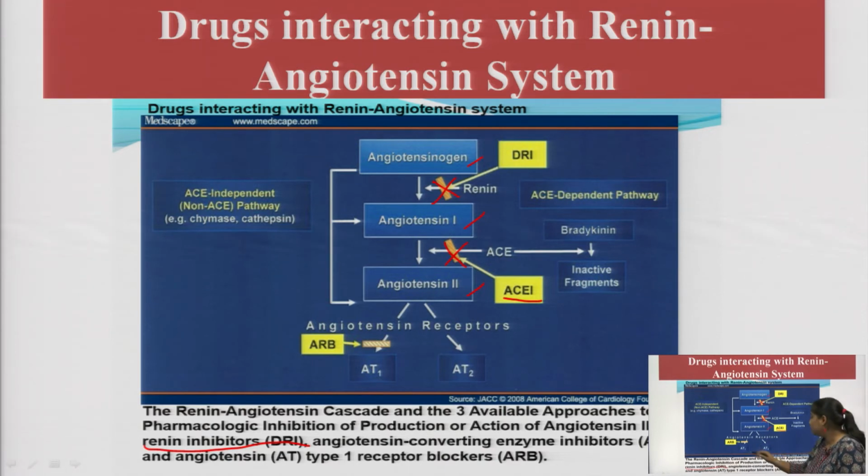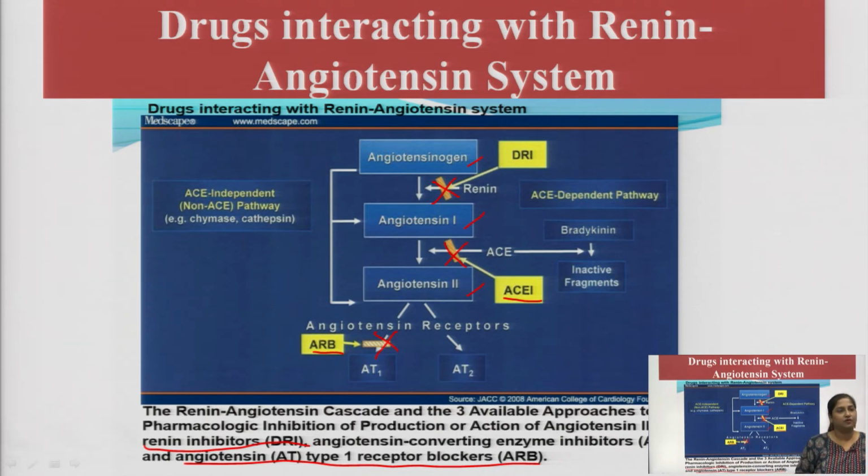Here we can use ARB. What is ARB? That is angiotensin type 1 receptor blockers. We use these so that angiotensin 2 should not get joined with AT1.